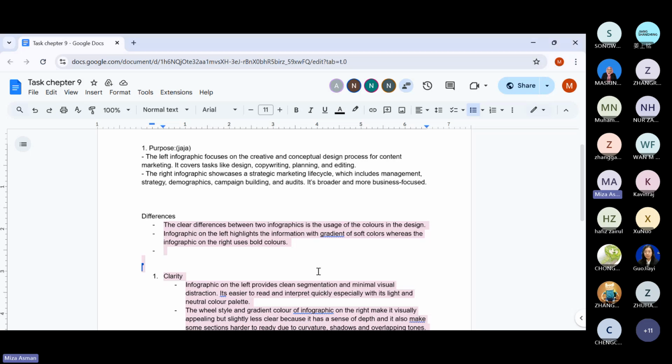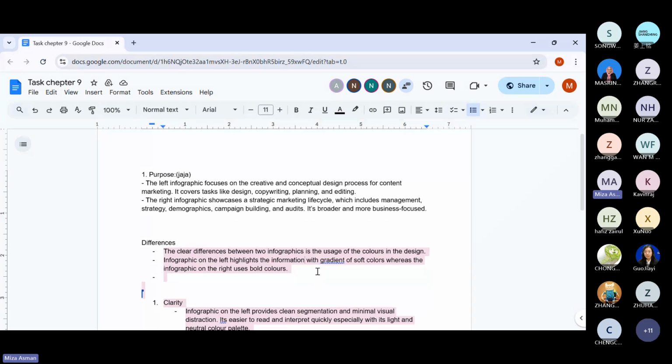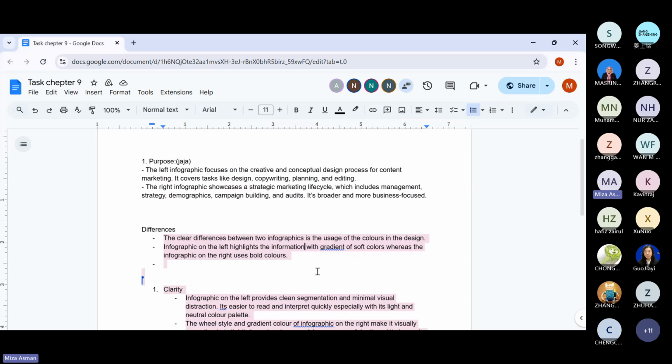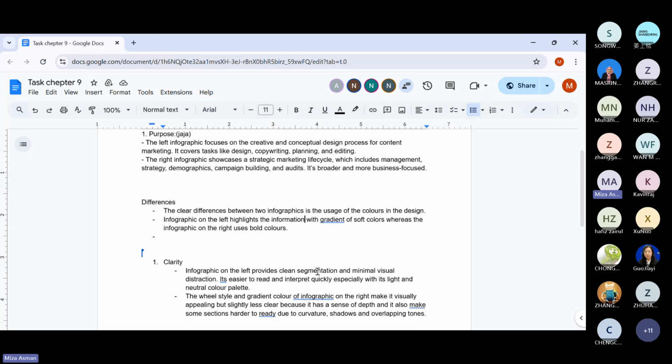So, in our opinion, for the differences between the two infographics for visualizing the data, this is our opinion as a group. If there are clashes of points, I'm sorry.